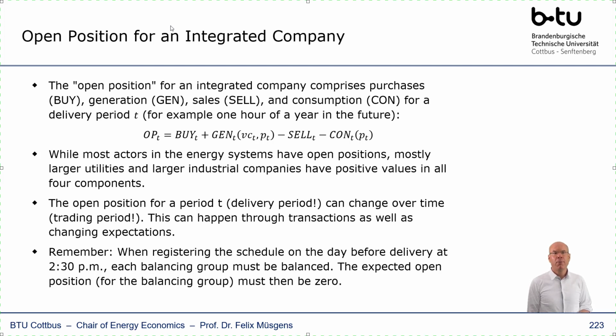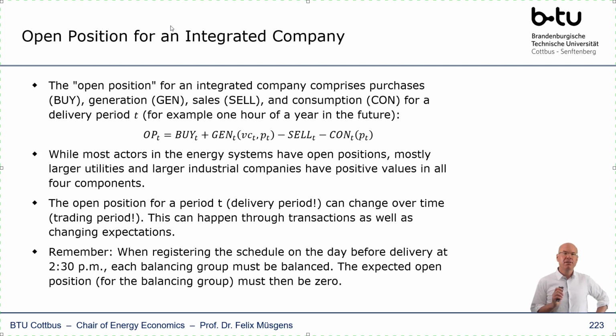Of course, if we buy a forward, it's affecting the purchases, the buy T is increasing. So that's one example how the open position changes. Remember, however, when registering the schedule on the day before delivery at 2:30 p.m., each balancing group must be balanced.